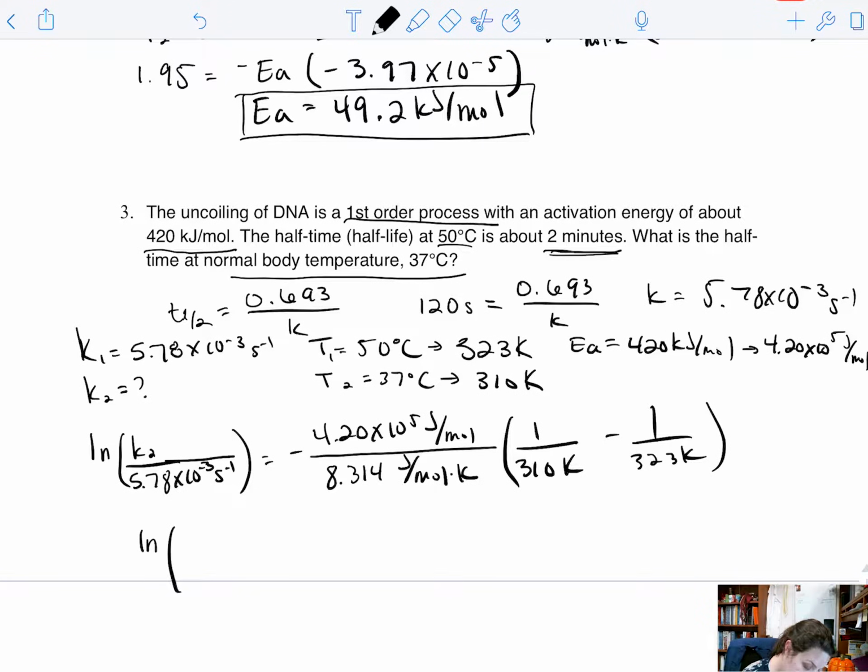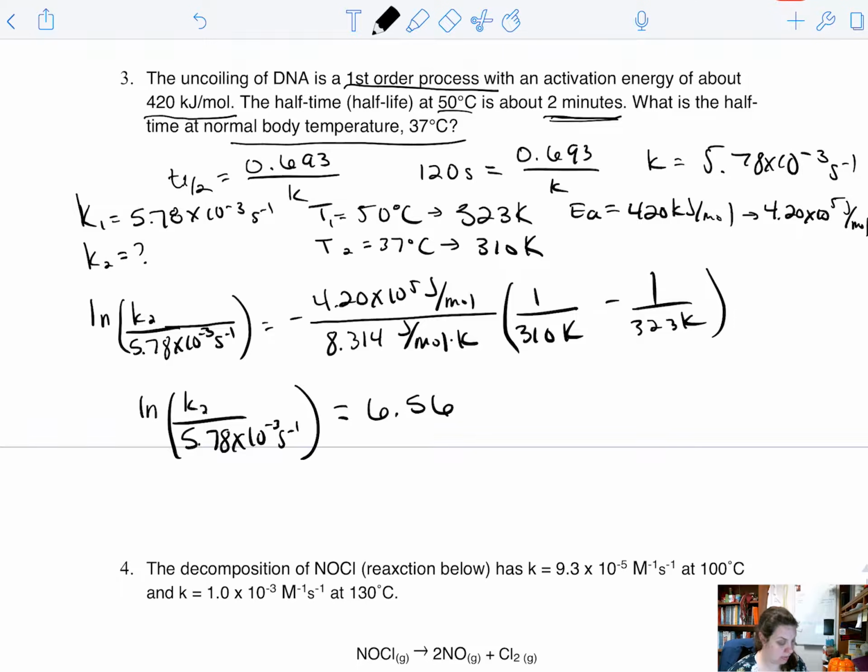So I'll get ln K2 divided by 5.78 times 10 to the negative 3. Get a value of 6.56 on the right side.